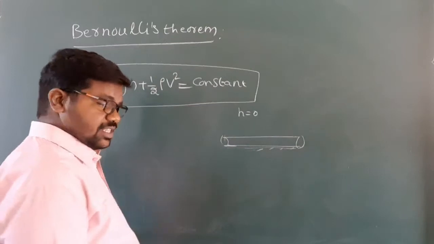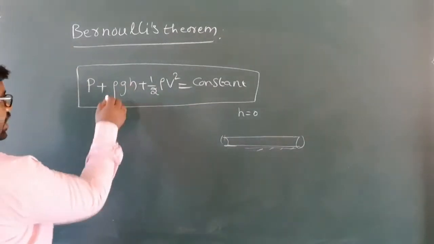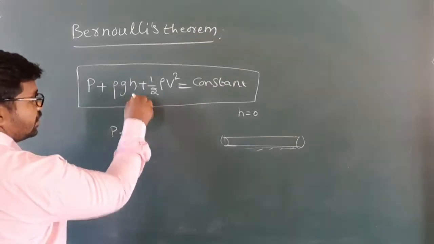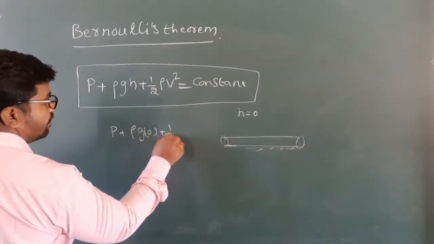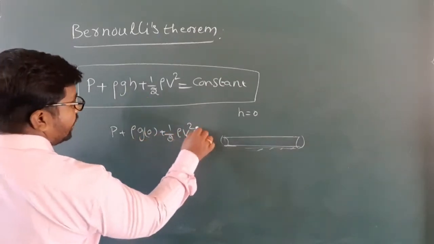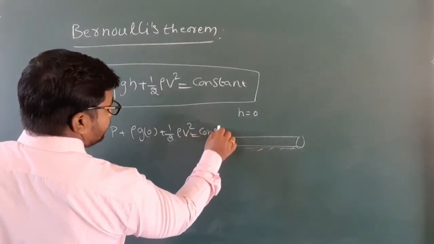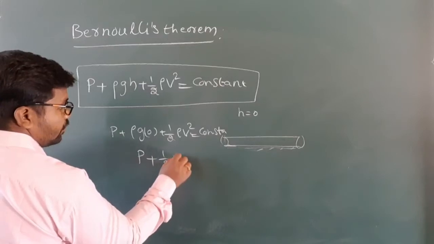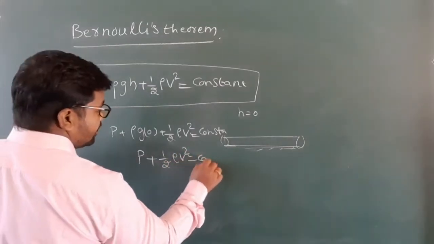The condition is H is equal to 0. In this case, P plus rho g into 0 plus 1 by 2 rho v square is equal to constant. So pressure plus 1 by 2 rho v square is equal to constant.